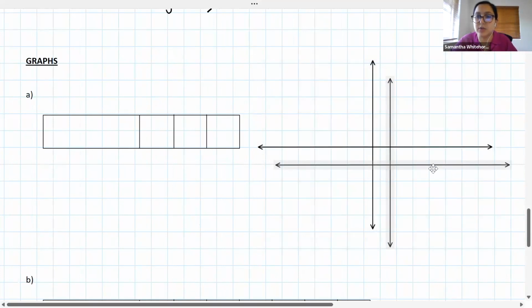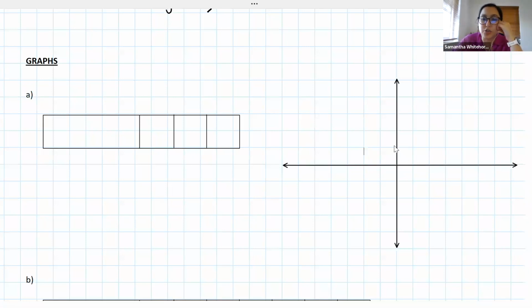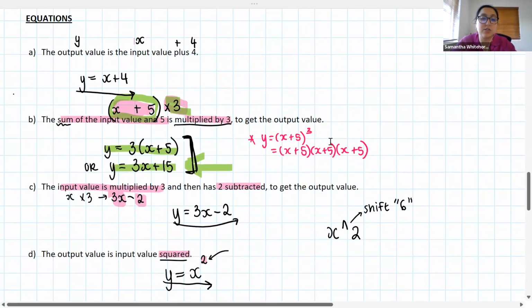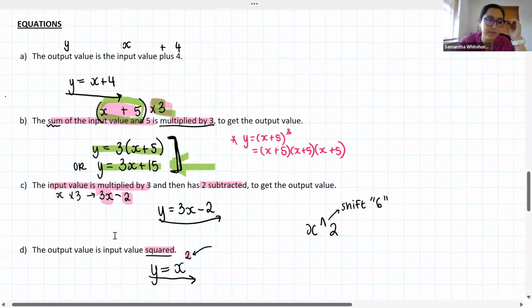Someone did ask me earlier, but we have done Cartesian planes already. I'm 90% sure it was in term 2. If you check on the website, all the topics are labeled, so you should see exactly where we did the Cartesian plane. Again, guys, please take screenshots when I ask you to. Here are the screenshots of the equations we've just done.